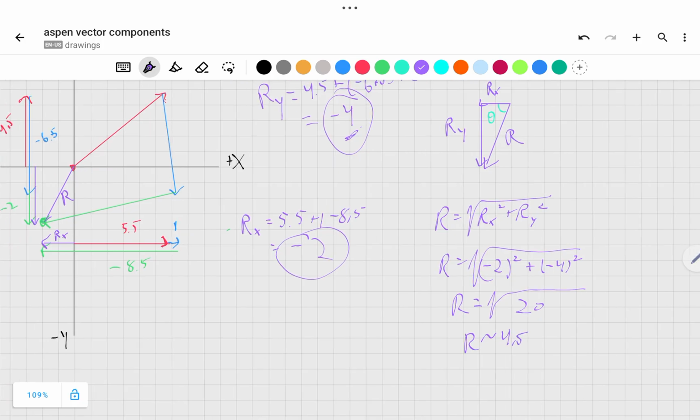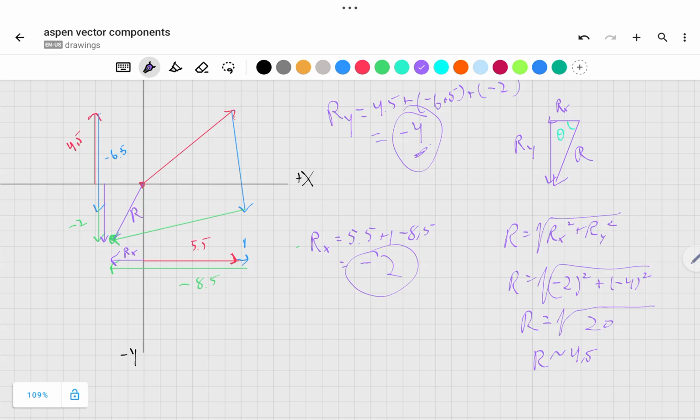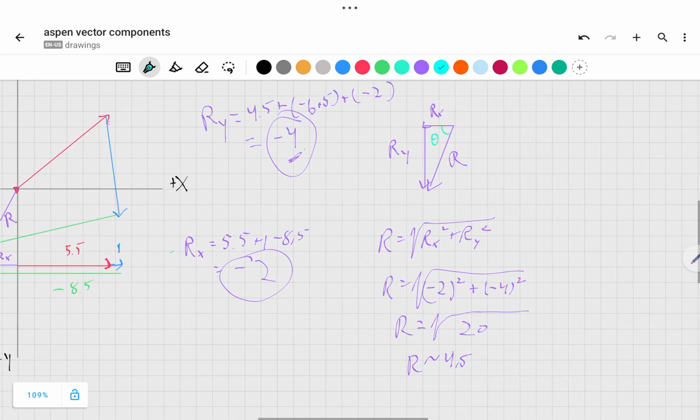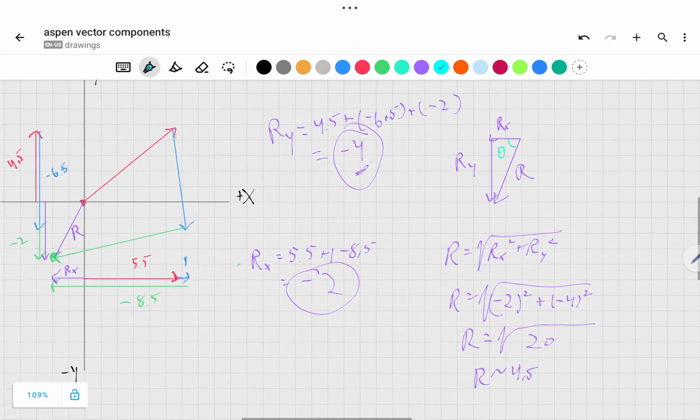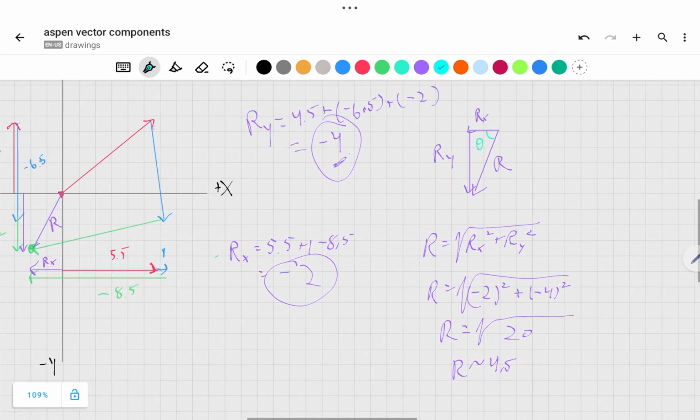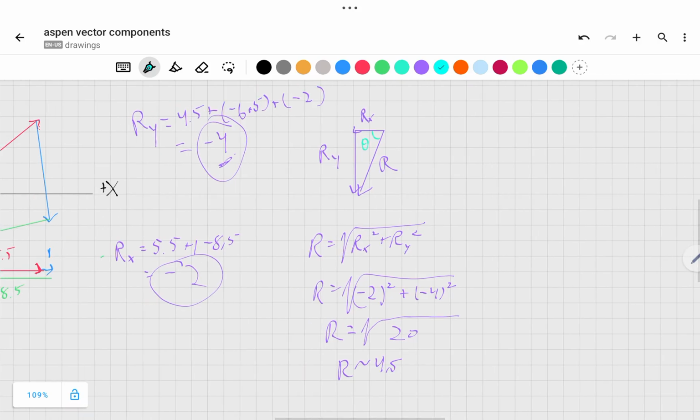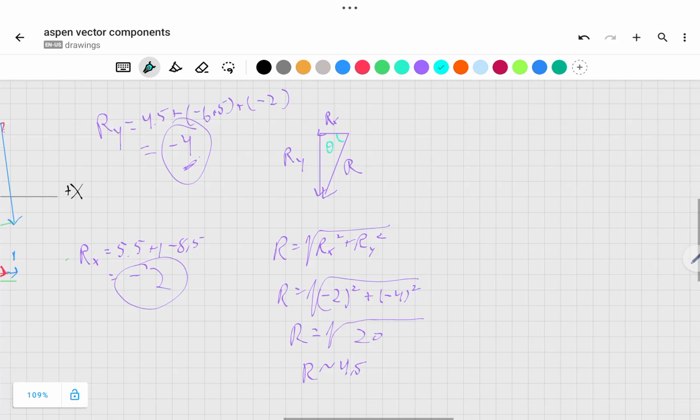I'm not going to be too particular about this because I'm not doing the math. And if I look over here at my actual line, this line right here, that's about 1, 2, 3. It's close to 4. There might be something that I've done a little bit wrong in here at some point, but that seems reasonable. It's hard to tell because it's on a diagonal, but it's about 4.5.